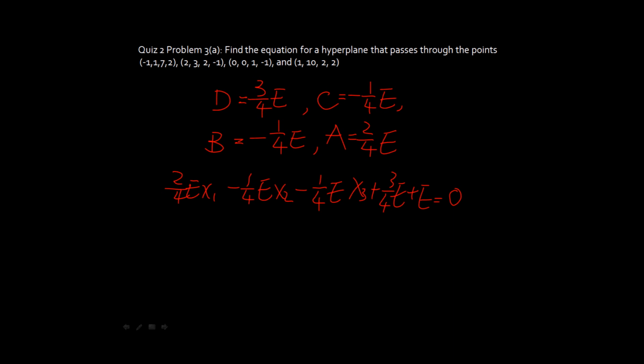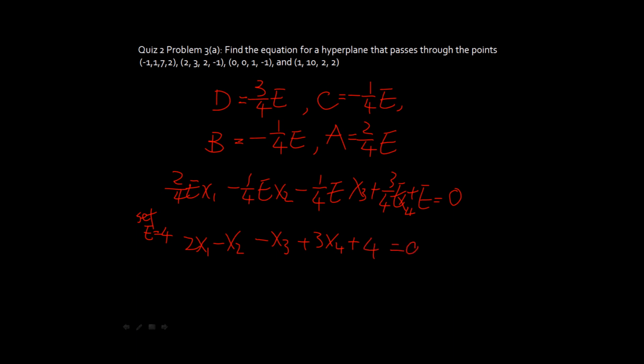Alright, so this one will become 2x1 minus x2, and then minus x3, and then plus 3, oh, missed the x4 here, sorry about that. So we have 3x4 and then plus 4 equals to 0.